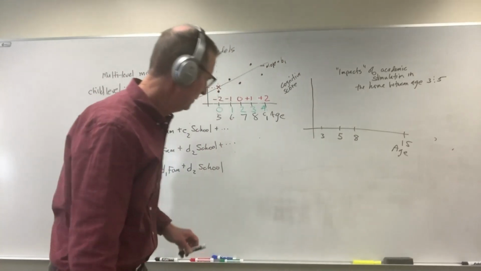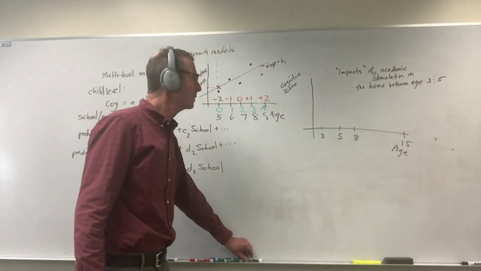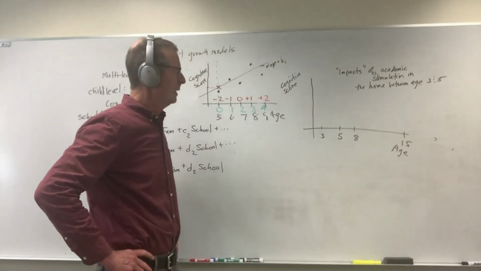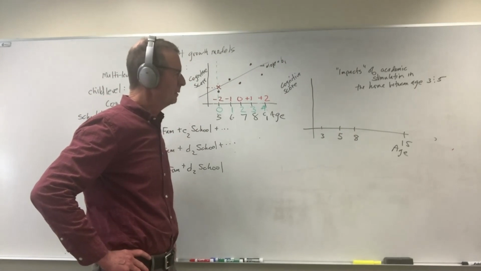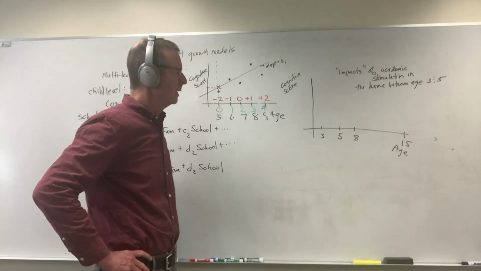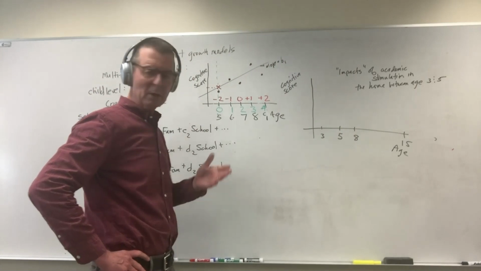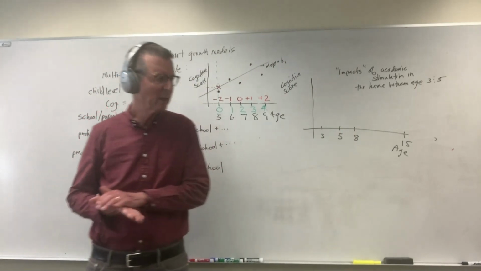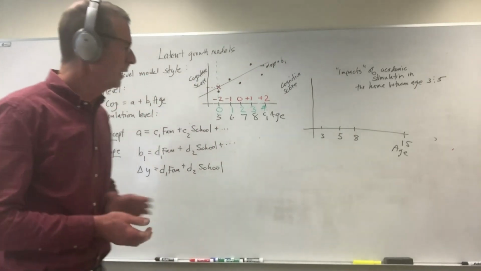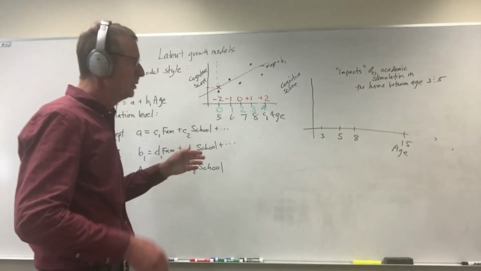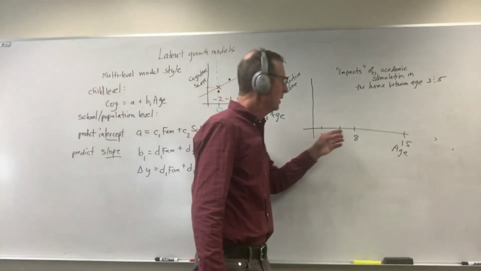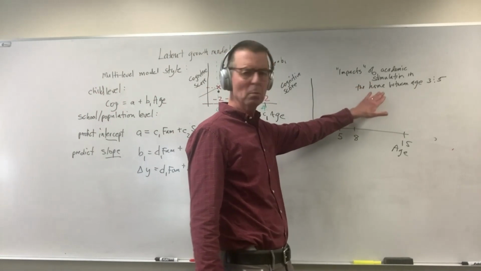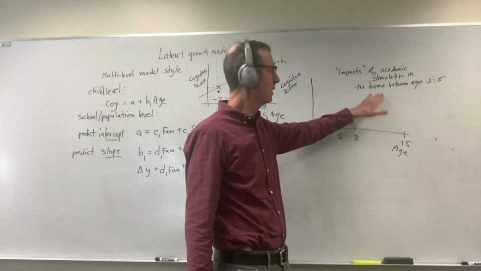All right, so let me continue my rant about multi-level models. This is a nice example of a study that a former graduate student here did, Anna Auger. She was looking at the relationship between academic stimulation in the home. This is the NICHD data set.